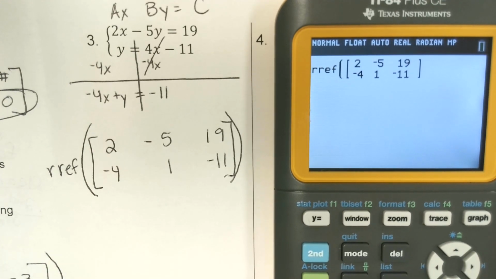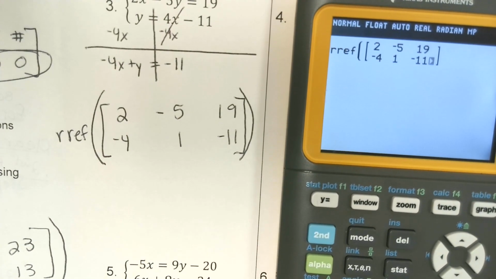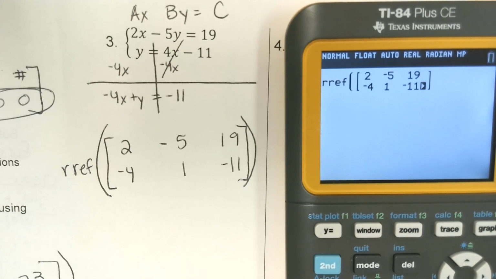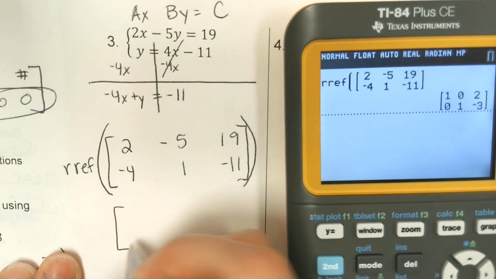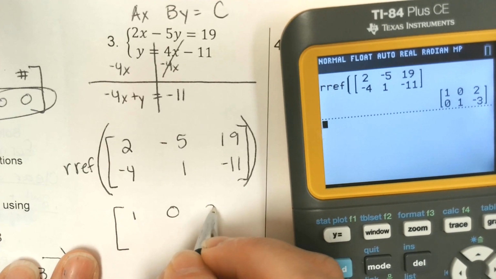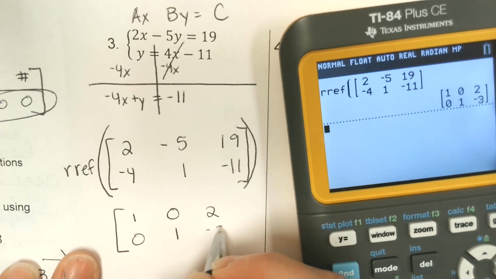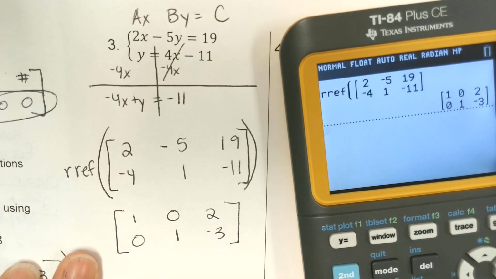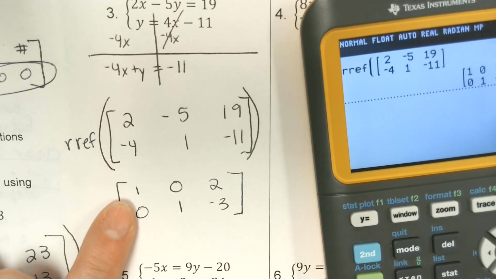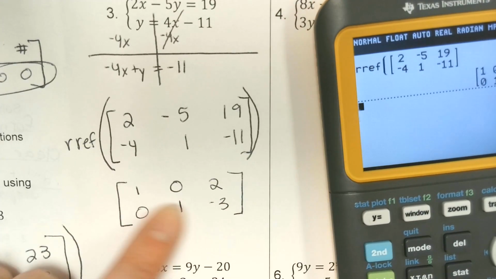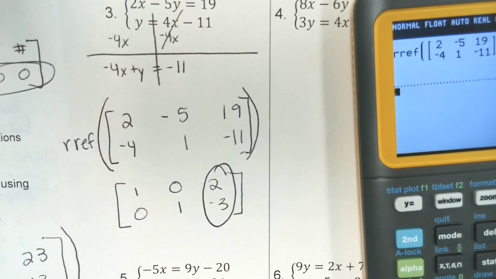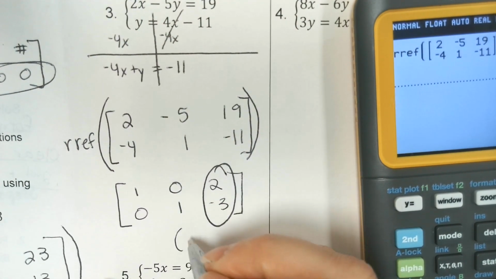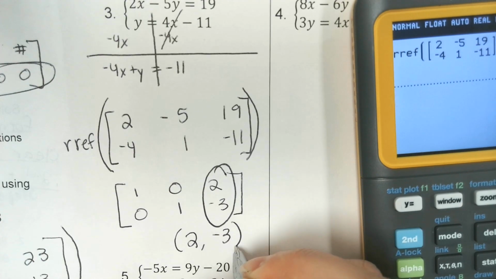Put your numbers in. Push enter. Write what you get whenever you push enter. See how it's in the 1, 0, number, 0, 1, a number? That means that these are our answers. So the x value is 2, the y value is negative 3.